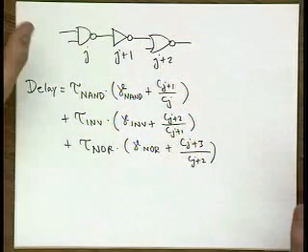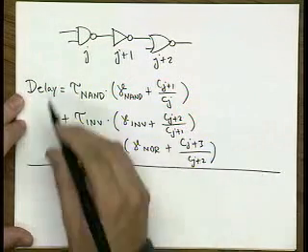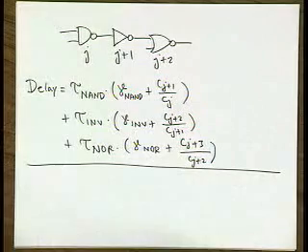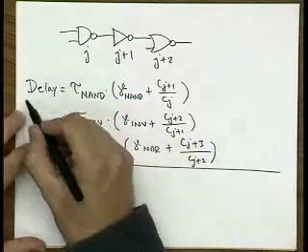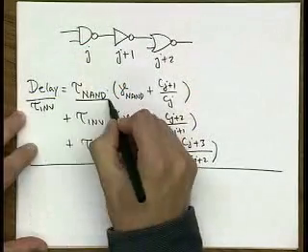Now, as I said, we are really happy with an inverter, we know how it works. So let's now normalize this delay to an inverter delay. So what we are going to get over here is, divide this by tau inverter.